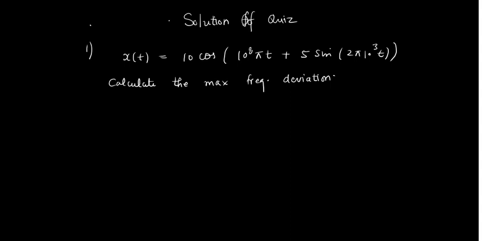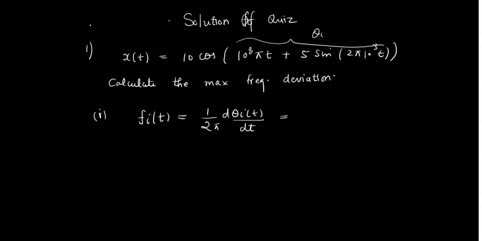So there are two ways to solve this problem. First, the slightly longer version is, first we evaluate the instantaneous frequency, that is 1 upon 2 pi d theta_i by dt. First we evaluate the instantaneous frequency, that is the derivative of the instantaneous phase theta_i.